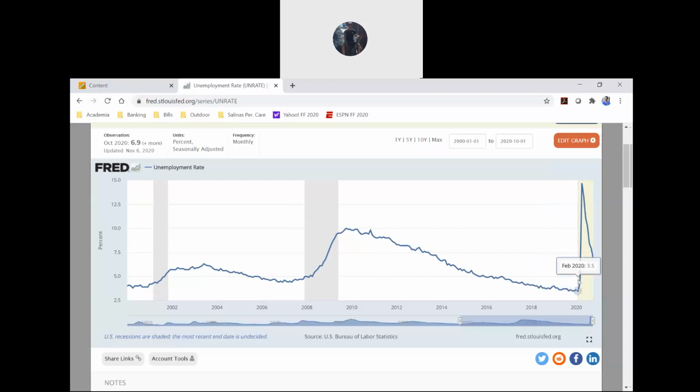But you can see that during that shutdown period, the unemployment rate jumped to something we haven't seen in years, since the Great Recession, of about 15%. All right, so you can see all these key economic variables and what's happened to them because those are being recorded by looking at these data sets.